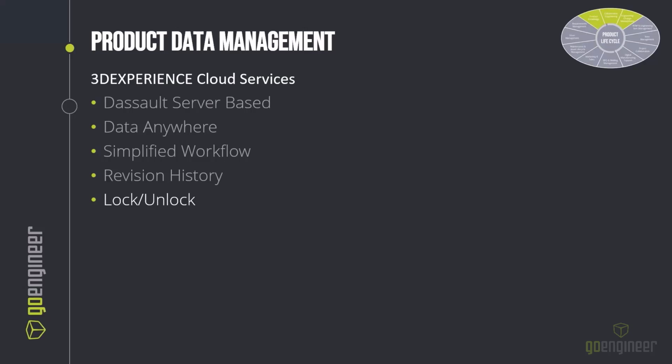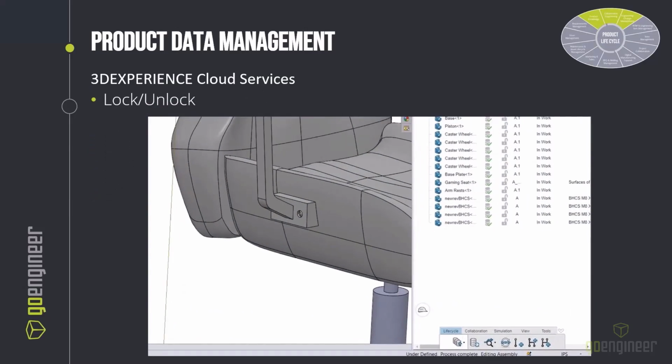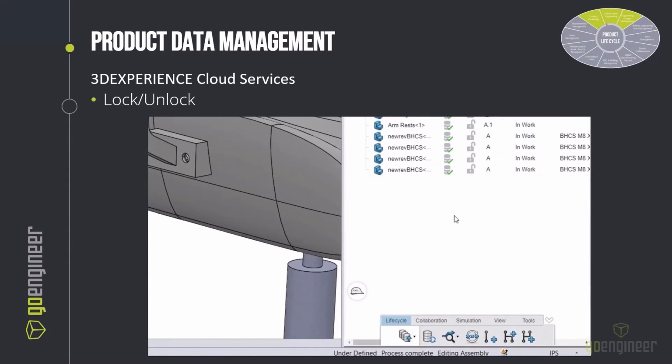And now that we have powerful cloud-connected data, proper access control is even more critical. And with 3DEXPERIENCE's cloud connection, all your SOLIDWORKS data's read and write status is easily stored and managed. You can simply lock files to let other users know that you're working on the data and ensure that there are no overwrites.